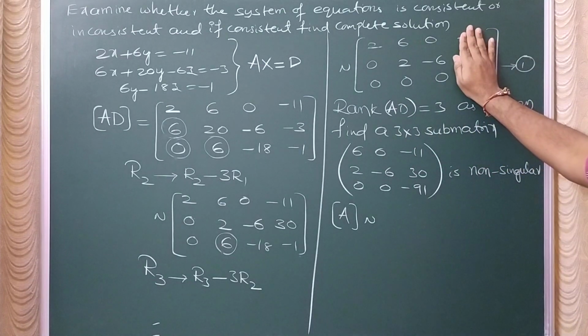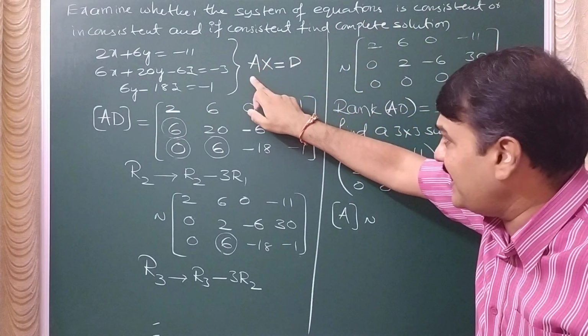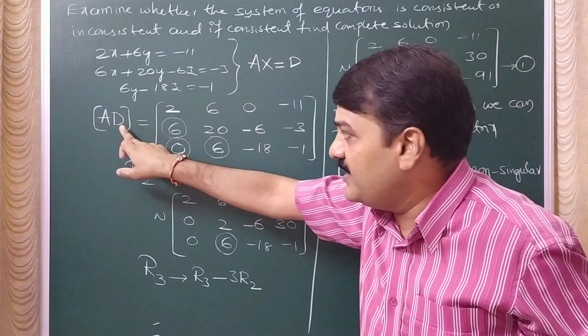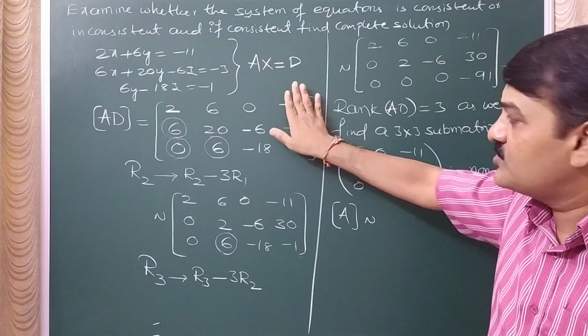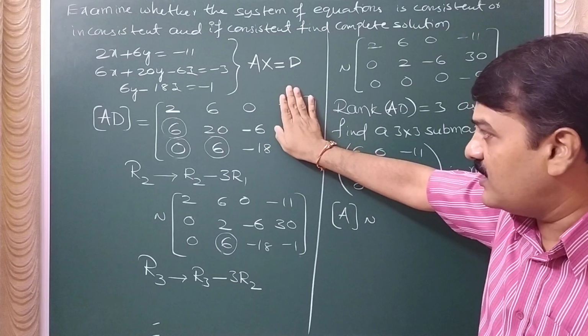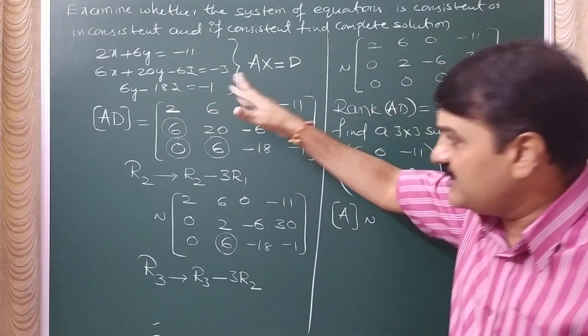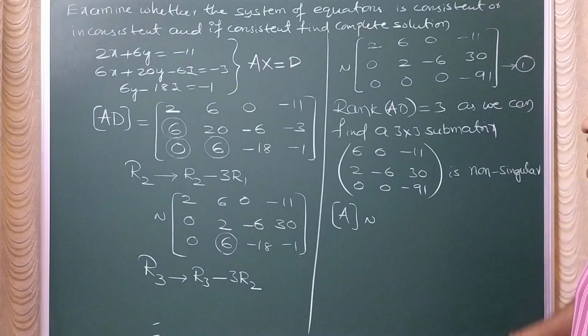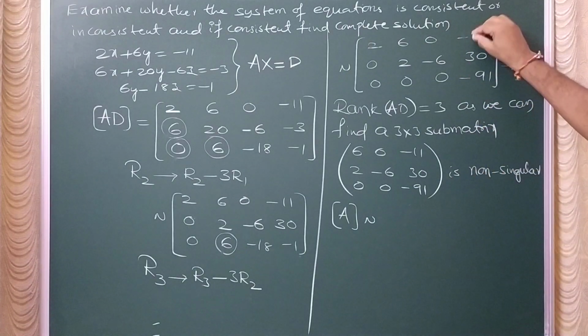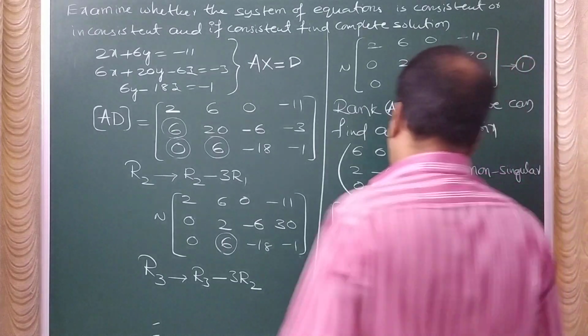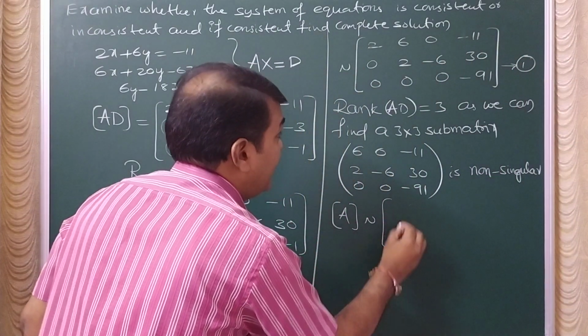Simply neglecting this last column, because A and D combined give this. This is D. If you don't take this last column, the remaining part is nothing but the coefficient matrix.